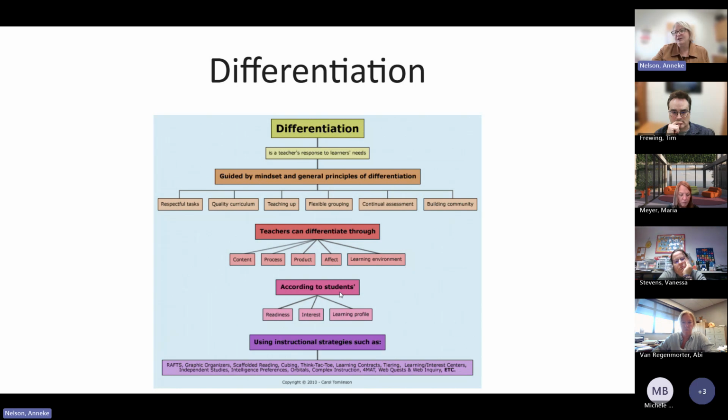And we're going to differentiate according to students' readiness, their interest, and then their learning profile, or what we believe their strengths and needs are. And then here are some instructional strategies that align with that. Sometimes we need to step back, consider the framework, and then think about how we're implementing those things within differentiation in our classrooms.